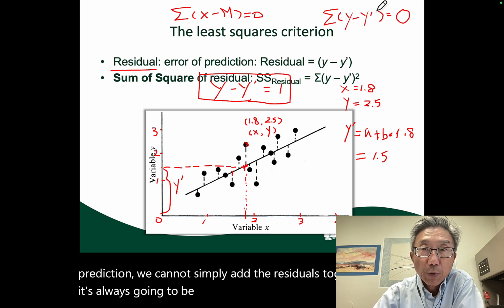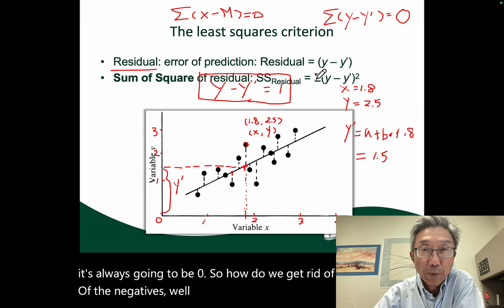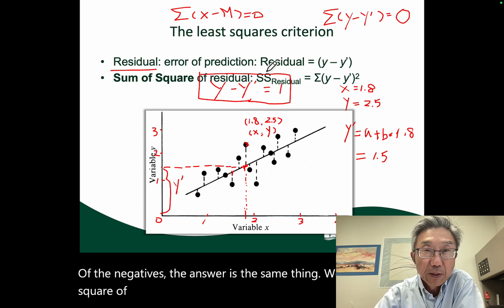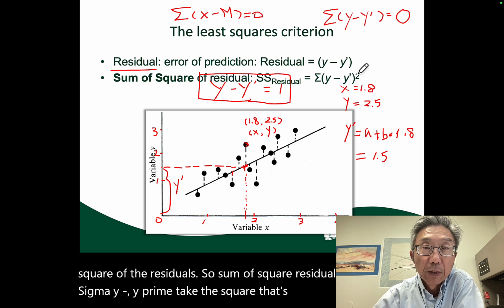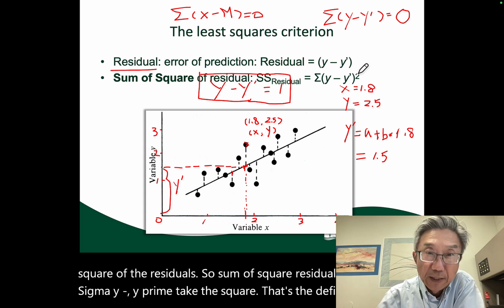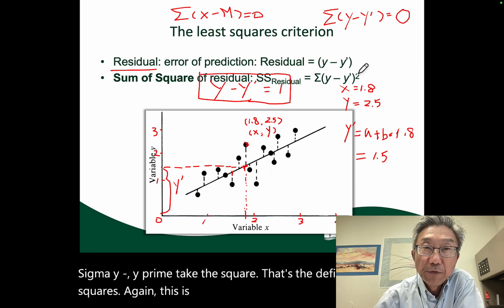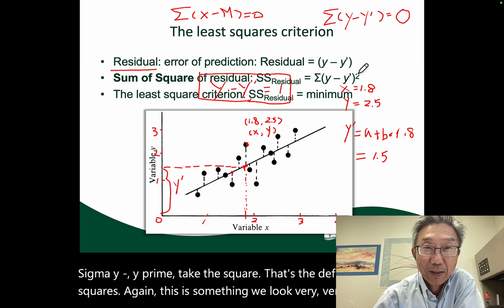So how do we get rid of the negatives? The answer is the same as before: we take the square of the residuals. The sum of squared residuals equals the sum of (y minus y prime) squared. That's the definition of sum of squares, and again it looks very familiar.